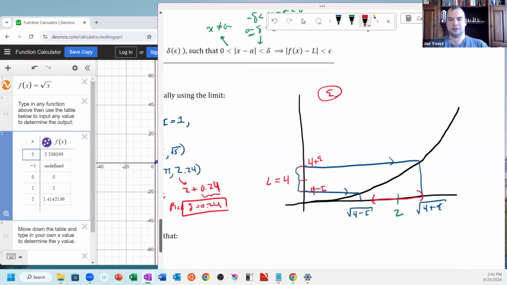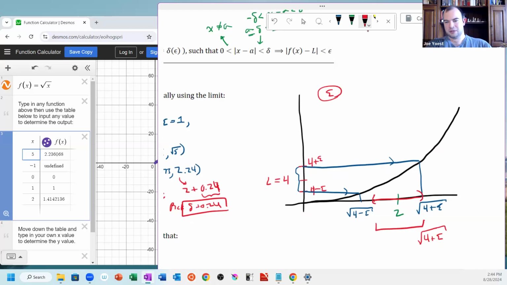So I can get the desired constraint on my output being within epsilon of 4 for all of my outputs, as long as I choose inputs that are in this open interval here, or that is from root 4 plus epsilon, 4 plus epsilon on the right-hand side.